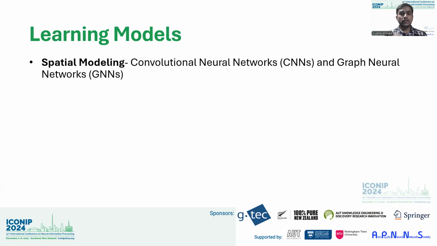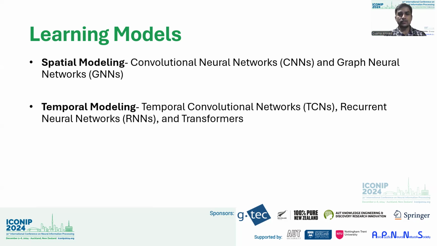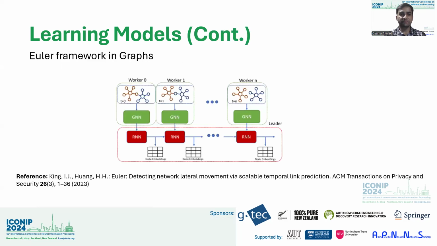Overall, the neural network models are based on two different types of networks. One is spatial modeling, and the other is temporal modeling. In spatial modeling, we use convolutional neural networks and graph networks to model the topology of the graph. And in temporal modeling, we use TCN, RNN, and transformers to learn sequential data.